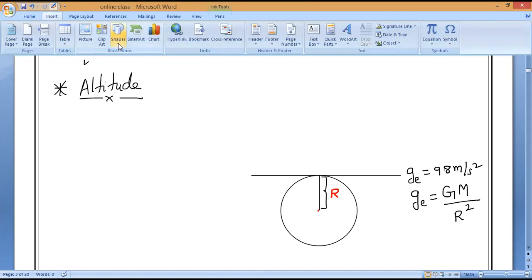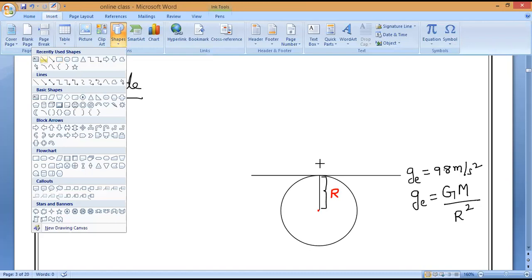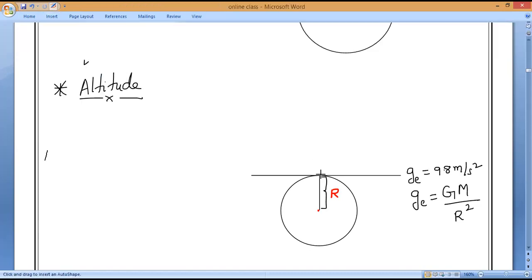Now, consider Kaushik. Kaushik is climbing a mountain, which is above the ground. He reached a particular height. Do you understand, Mr. Kaushik? This is your height now.